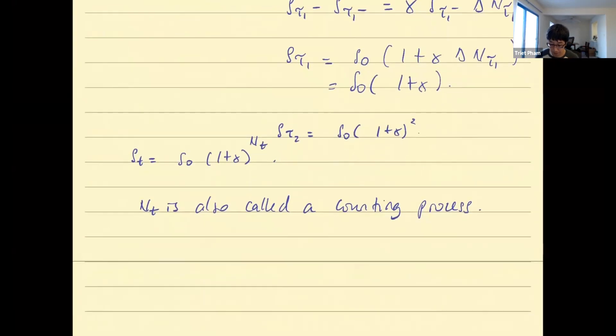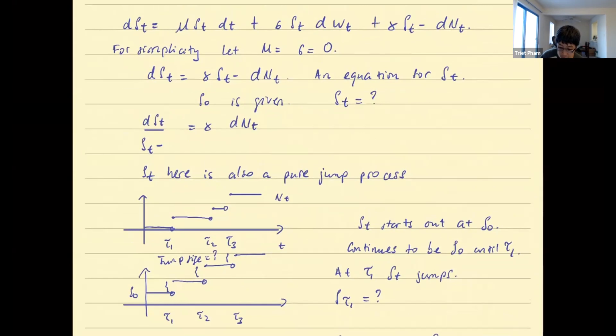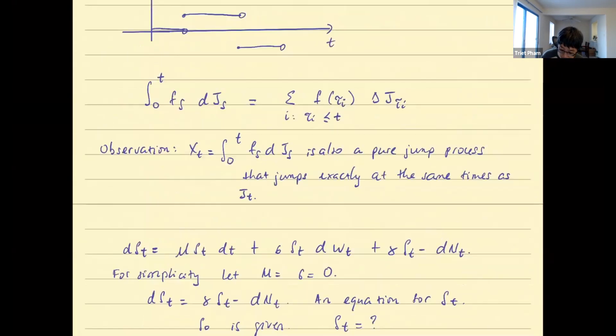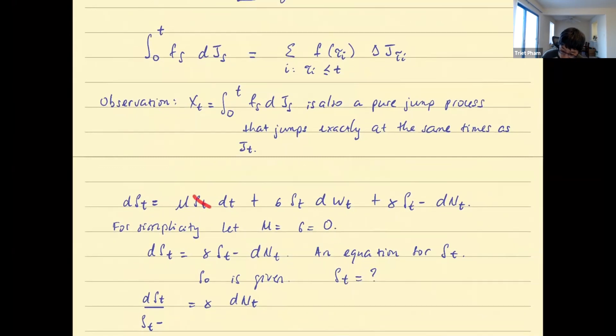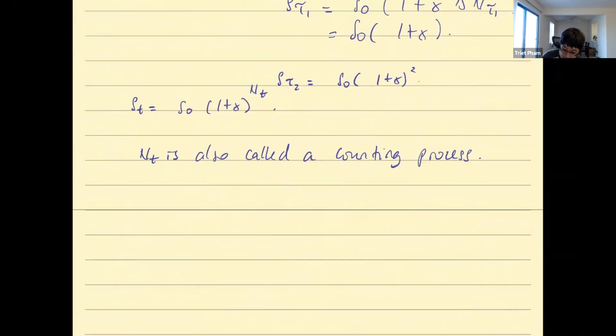All right. So for simplicity, we ignore these two parts and we just keep this. So now let's put this back in. Let's look at the complete Black-Scholes model.